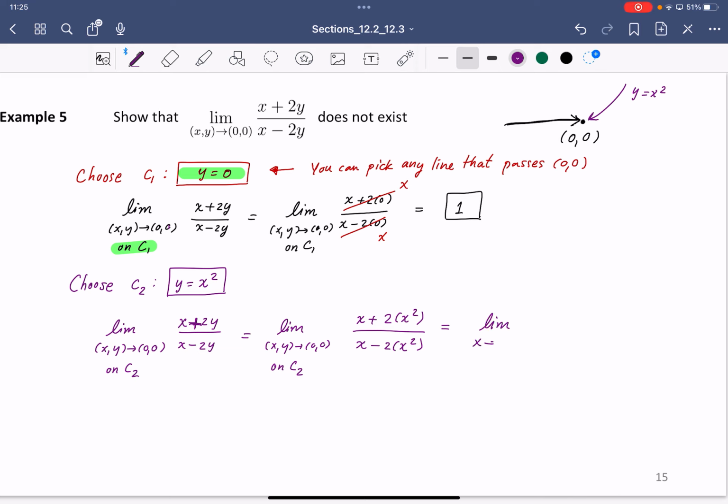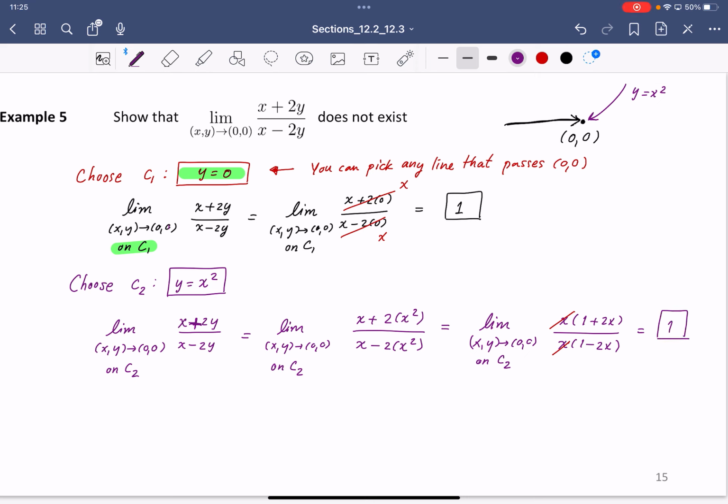So the limit as x, y go to 0, 0 on C2: you pull out 1x, so you get 1 plus 2x, and you pull out 1x, you get 1 minus 2x. Your x cancels one time. Then you have the limit of 1 plus 2x over 1 minus 2x. You plug in x equal to 0, you get 1.